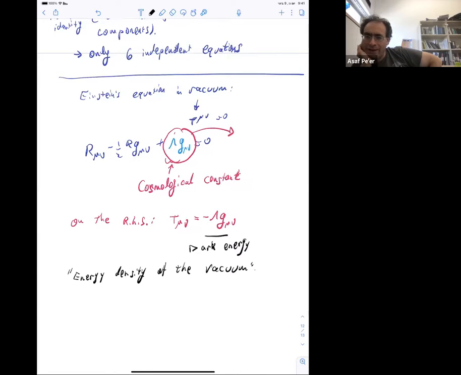Why? Because the way we understand matter today in quantum field theory is as oscillations. You have a field associated with each particle, and these fields oscillate.